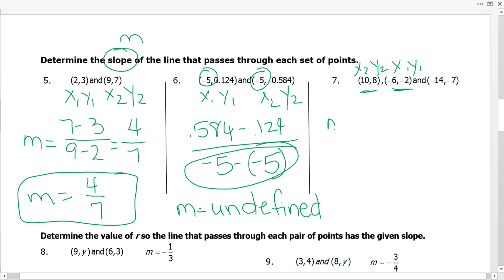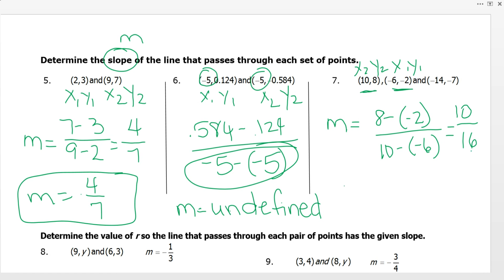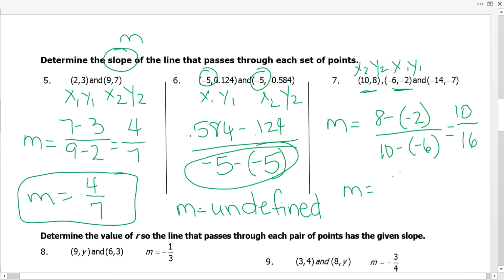Okay, so our slope is 8 minus a negative 2 over our x, 10 minus a negative 6. Minus a negative is positive, so I have 10 over 16. Everything's positive. I'm going to simplify dividing by 2, and I end up with 5 over 8 as my slope.